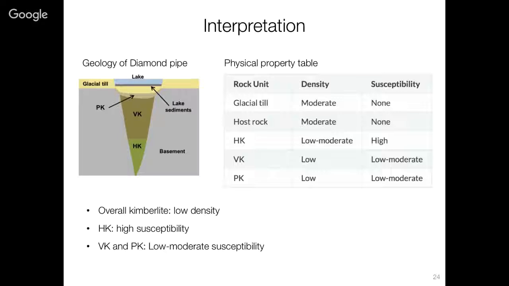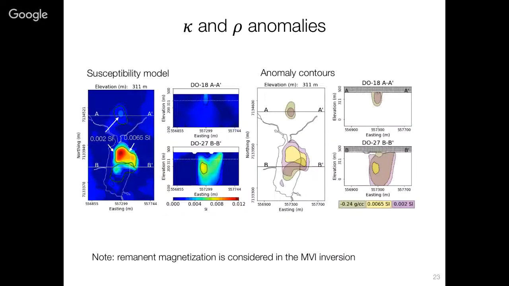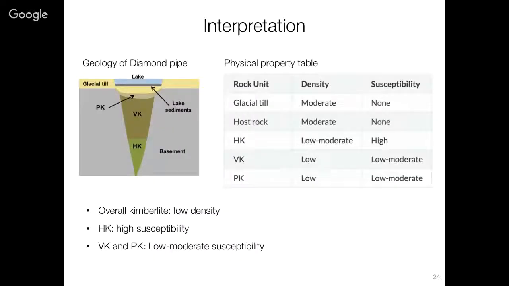Right, and what do we know about that for our physical property table? Basically tells us that the overall kimberlite will have a low density. HK has a very high susceptibility, so that 1 unit that we saw here, this guy here, is pretty likely an HK unit at this point, but we're not going to make that call right at this point. And the BK and the PK here have kind of low to moderate susceptibility.